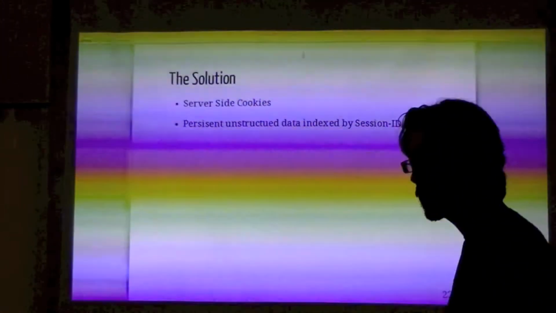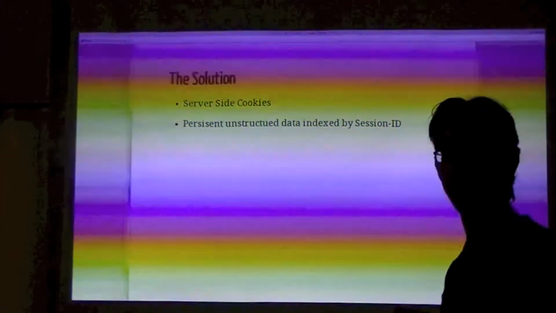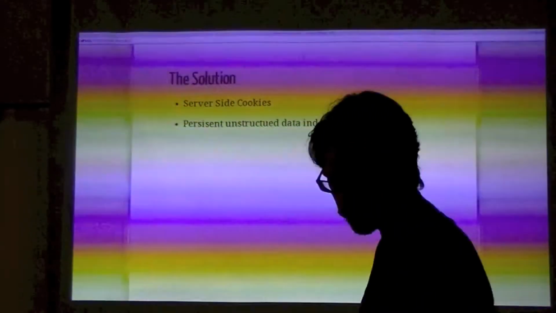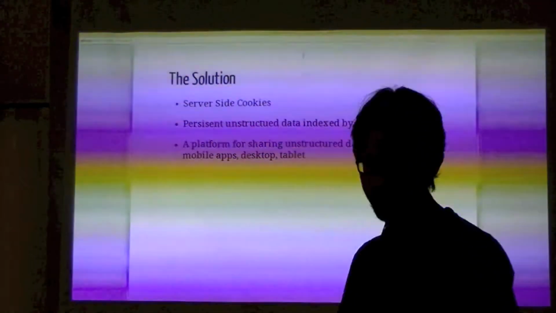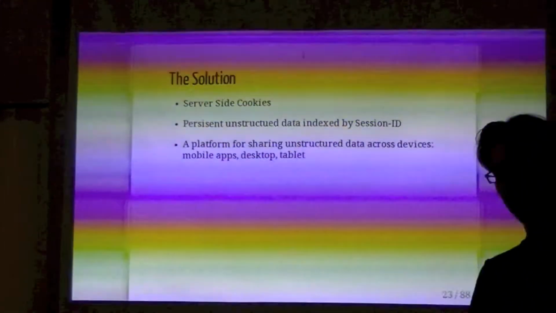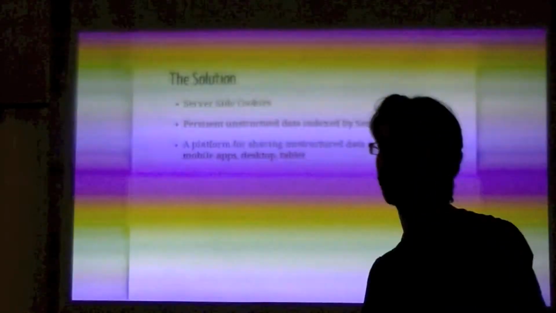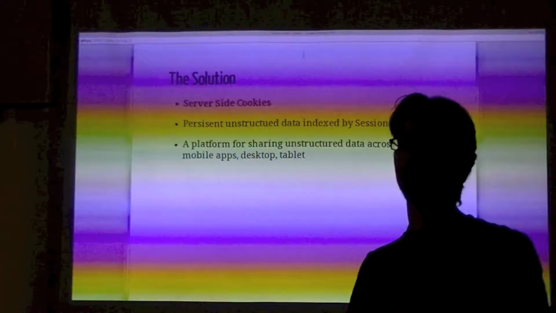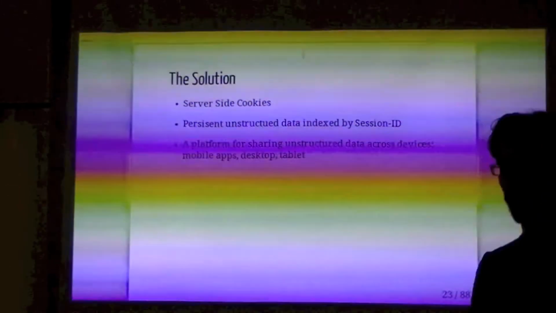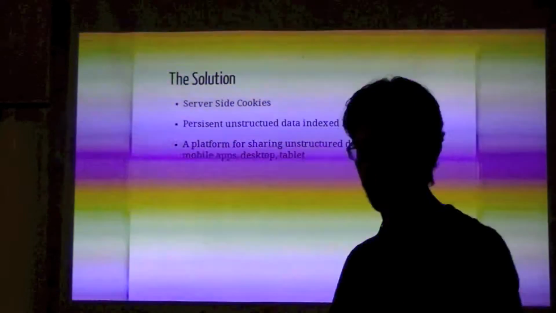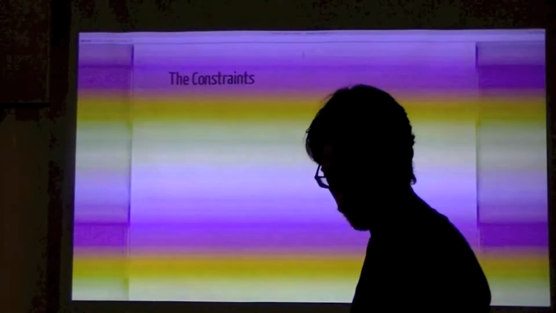We still give it a session ID, much like a traditional session that we would be storing in memcache. But for us, it was actually more of a platform that we could use for sharing unstructured data across devices, across browsers, across tablets, various desktop things, and on our mobile apps.